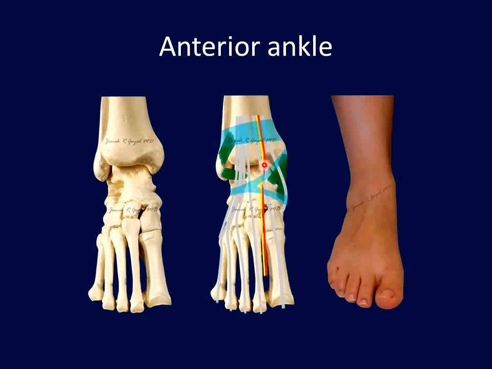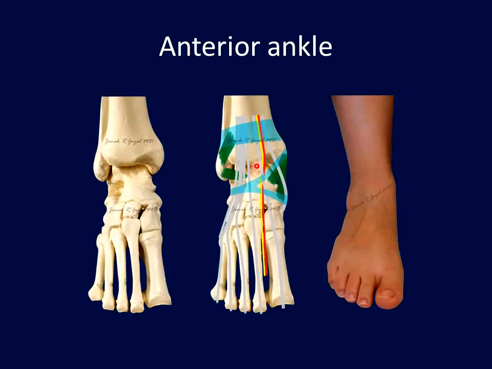The anterior tibial artery and deep peroneal nerve pass deep to the superior extensor retinaculum and are located between the extensor hallucis longus and the extensor digitorum tendon. At the ankle, the deep peroneal nerve is lateral to the anterior tibial artery.